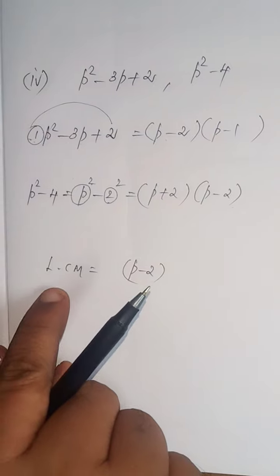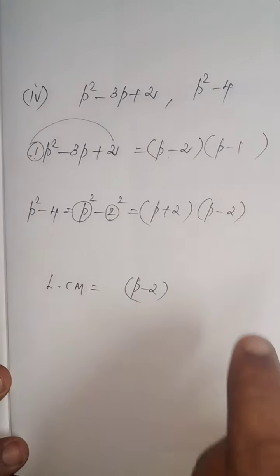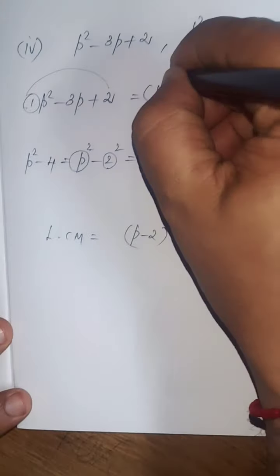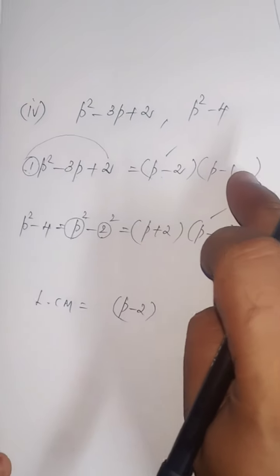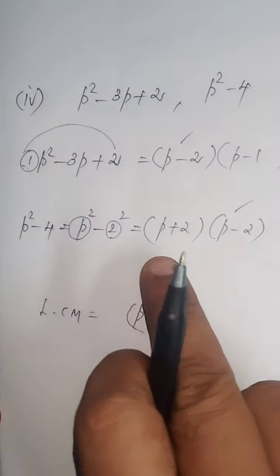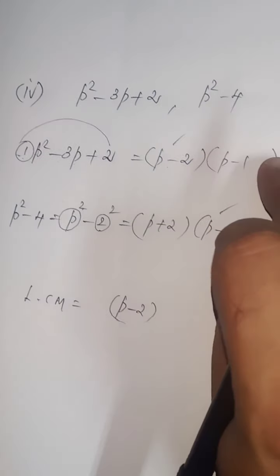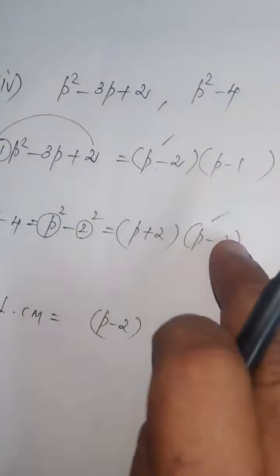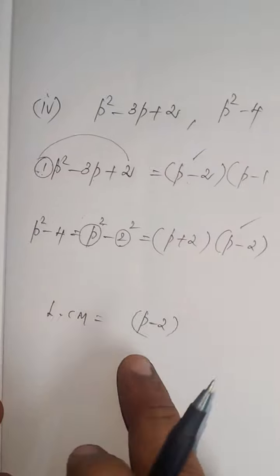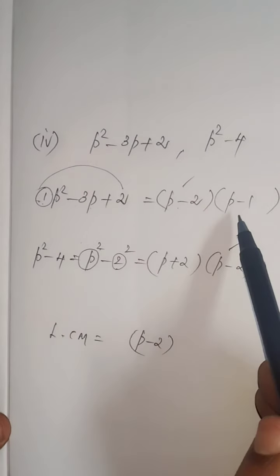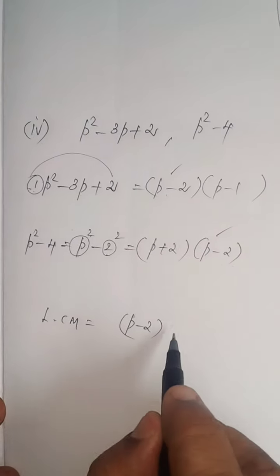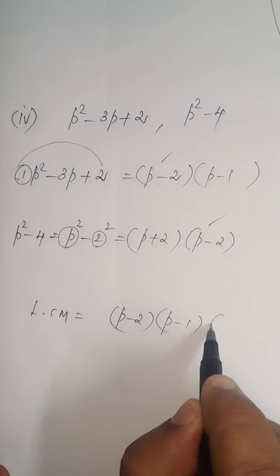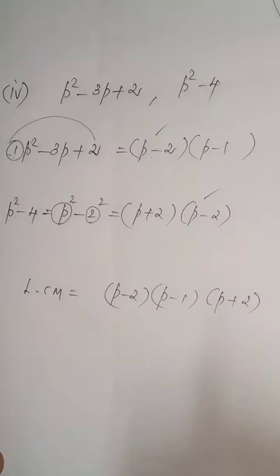But here the question is LCM. After writing the common factor p minus 2, any other common factor? Here p minus 1, there is no p minus 1 there. Here p plus 2, there is no p plus 2 over here. So after taking the common factor p minus 2, the factors left out are p minus 1 and p plus 2. That should be included. That is the LCM.